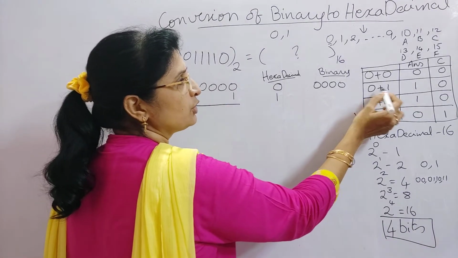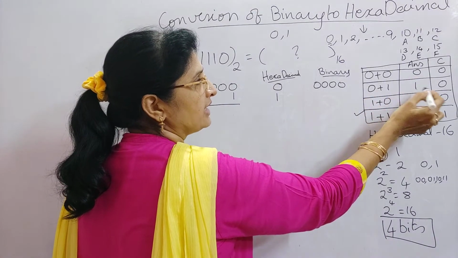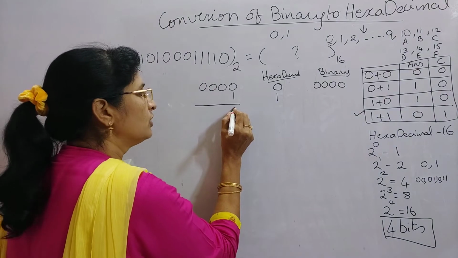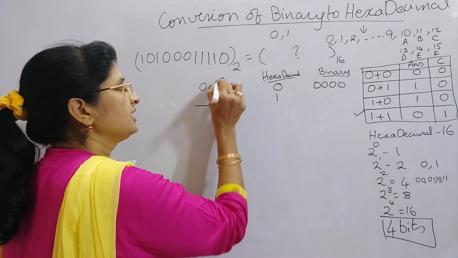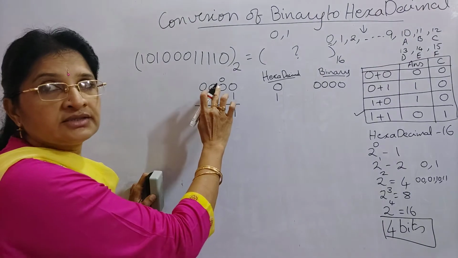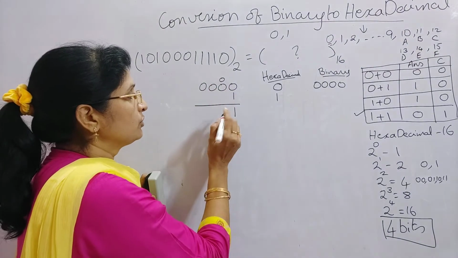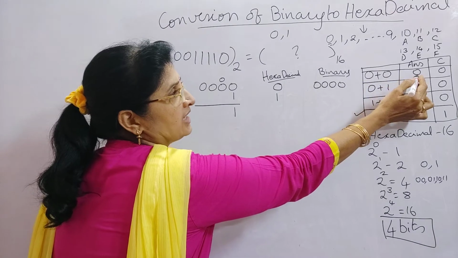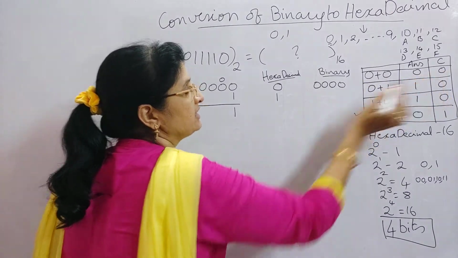What is the value of 0 plus 1? The answer is 1 and the carry is 0. You write the answer here and the carry here. The next one is 0 plus 0. For 0 plus 0, the answer is 0 and the carry is also 0.